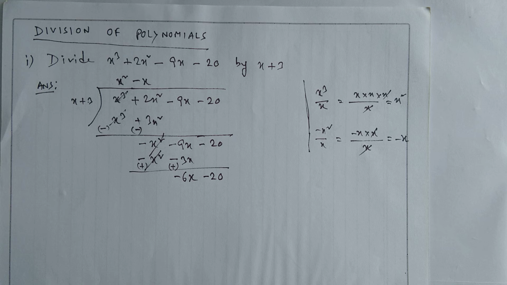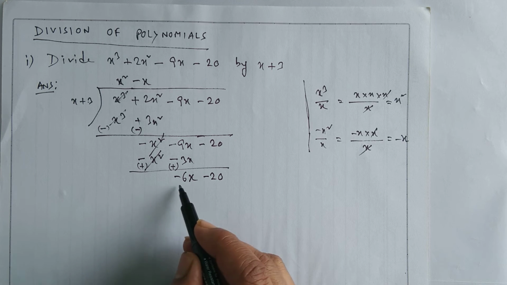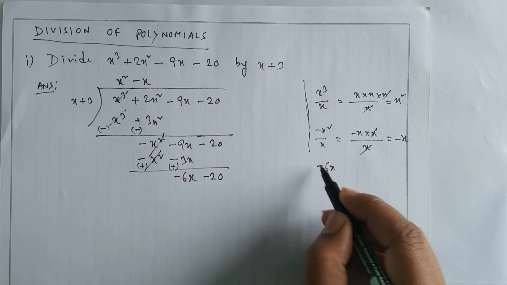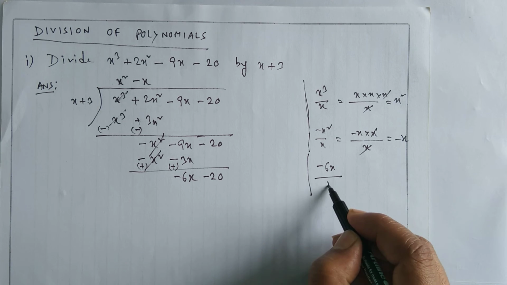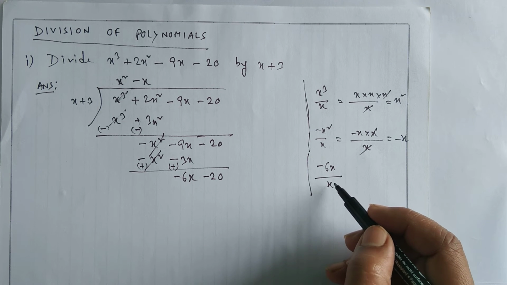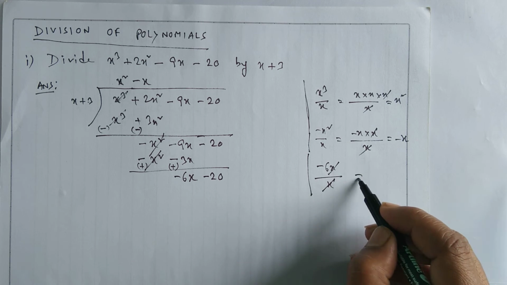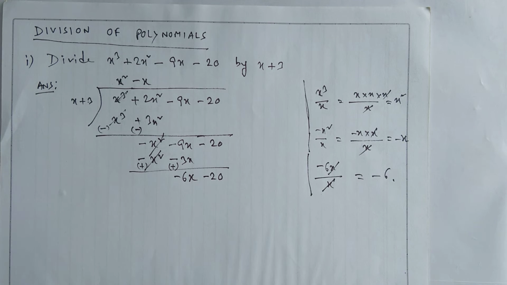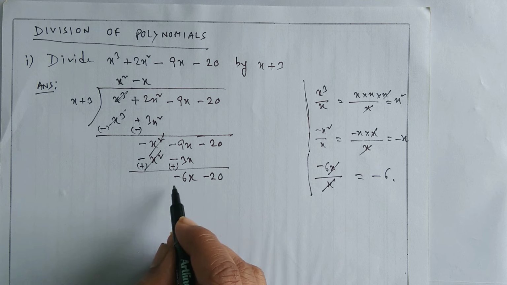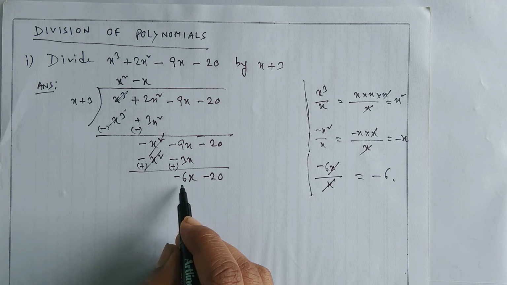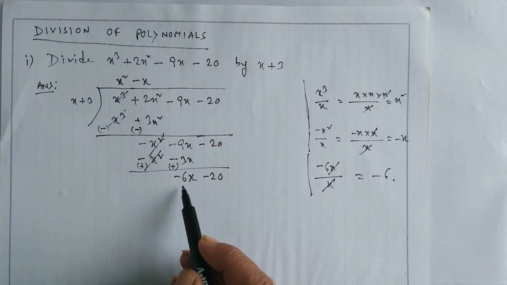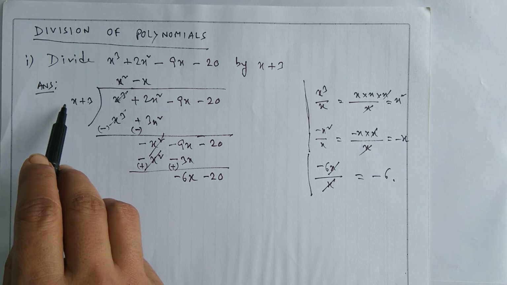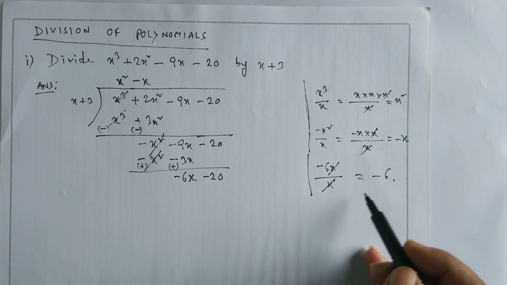Next, the first term is minus 6x, and the first term in the divisor is x. Now try dividing this. x will get cancelled, so how many times will it go?